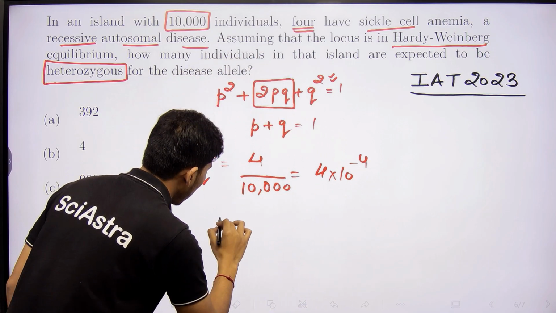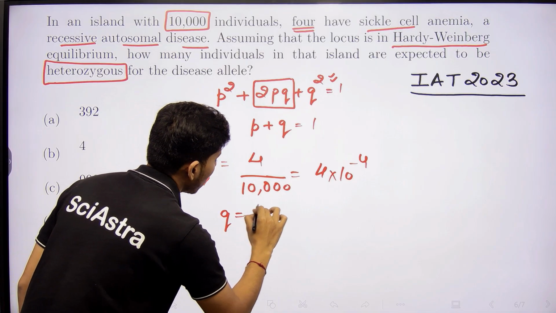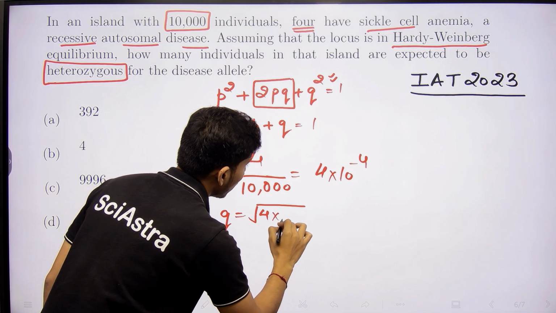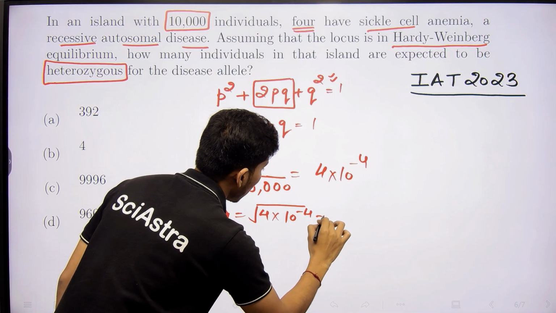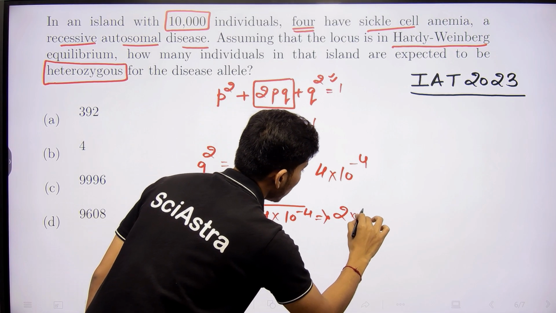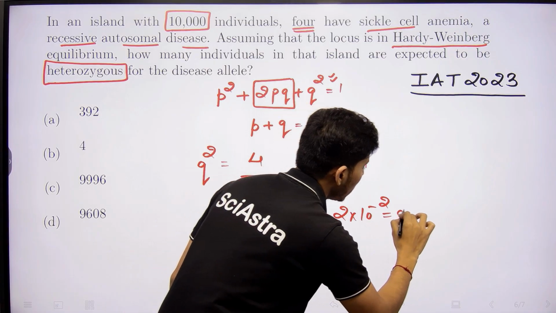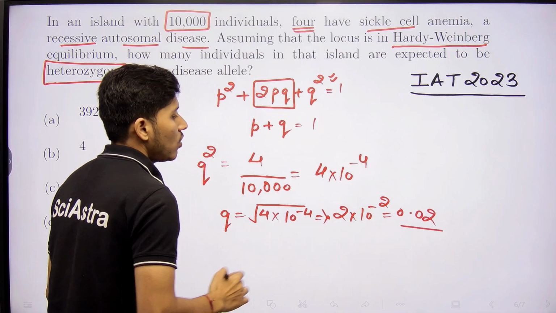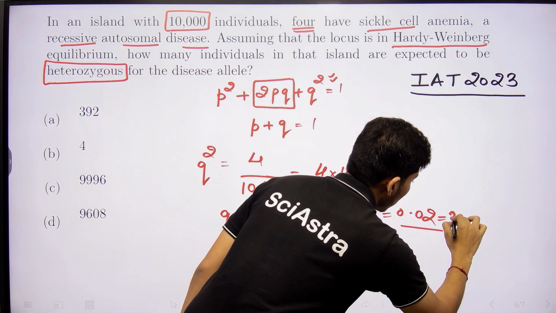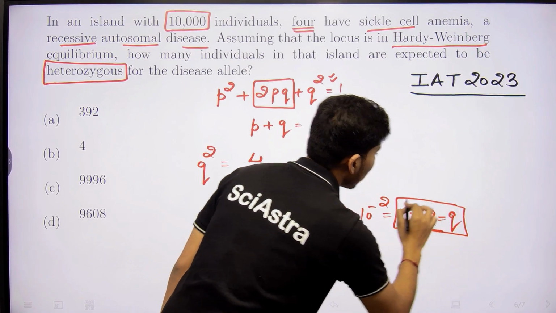Now we can of course get the value of q. Just take the square root of this and you will get 2 into 10 to the power minus 2, which is 0.02.